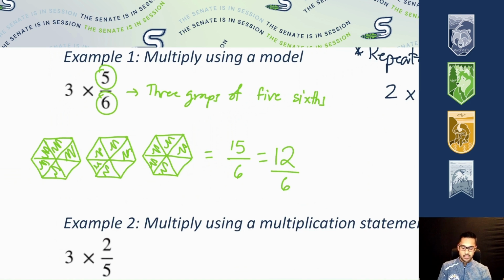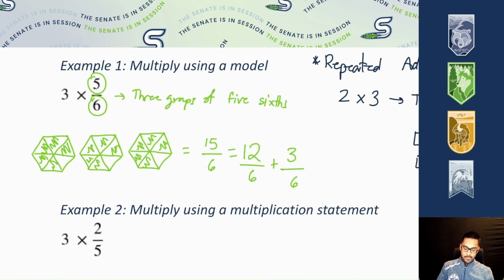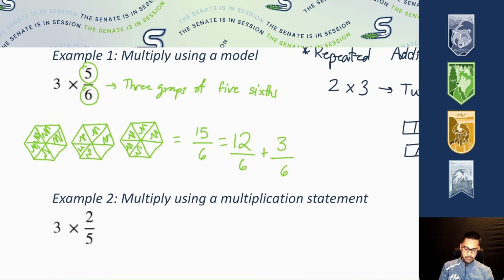12 out of the 6, but I do have a remaining 3 that I haven't used yet. If I remember anything about adding fractions together, as long as I've got a common denominator, those numerators can be added together, and 12 plus 3 does give us the 15/6 that we need. If I reduce as low as I can possibly go, 12 divided by 6 is 2.